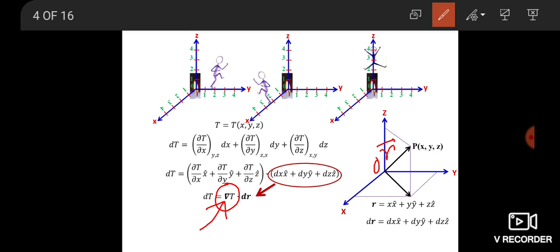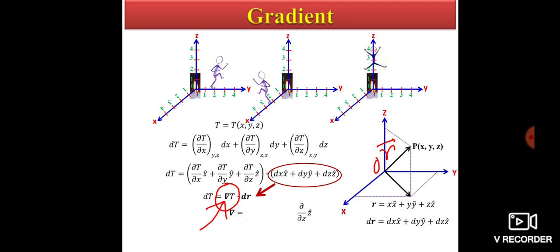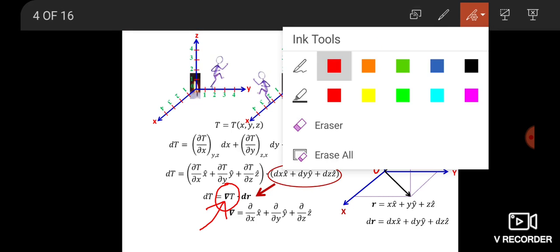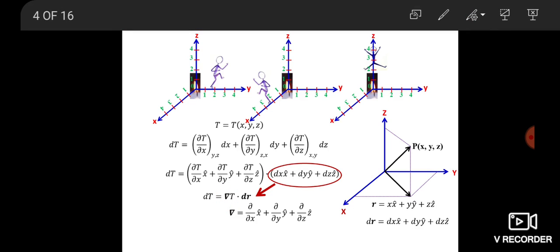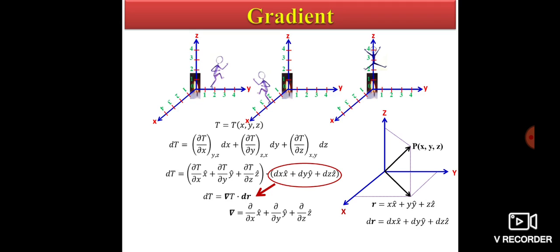It is a differential operator which is a vector quantity, and this is expressed as del/del x x cap plus del/del y y cap plus del/del z z cap. And this differential operator is known as nabla.